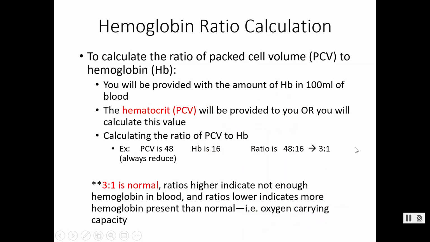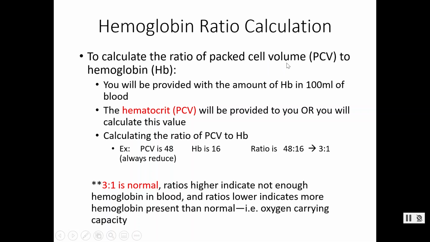All right, so now that we've gotten really good at hematocrit, which is just how many red blood cells we have in our blood, now we're going to compare that to how many hemoglobin molecules we have, and we just do this as a ratio. To calculate a hemoglobin ratio, we take what is called the packed cell volume, PCV.